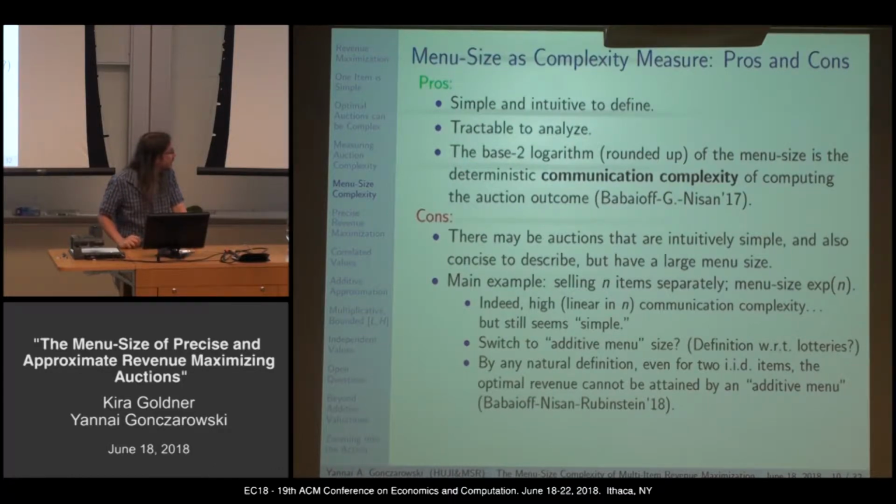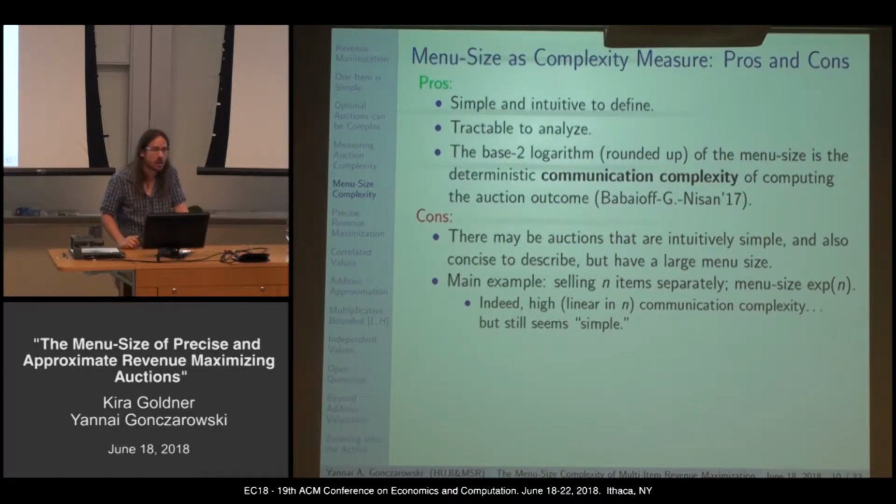obvious candidate is the additive menu size, meaning that I'm going to specify a menu for you, and you're going to be able to choose any subset of the rows. So for selling separately, this immediately drops the complexity from exponential in n to linear in n, which is fine. But it turns out that additive menus are more problematic than could be imagined.